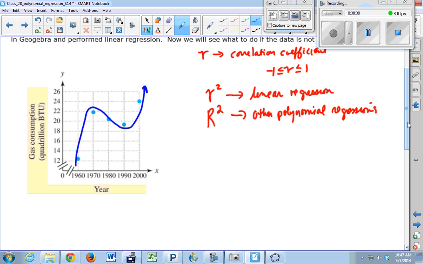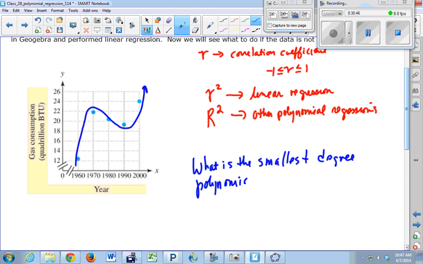So if I asked you the following question, what is the smallest degree polynomial that fits the data the best? So what's the smallest degree polynomial you think we could have for that particular curve? Cooper? And why did you say 3?